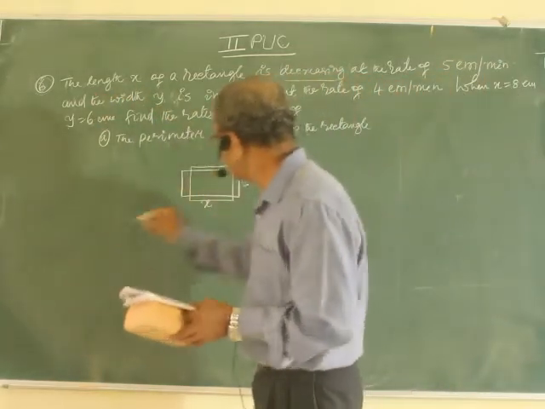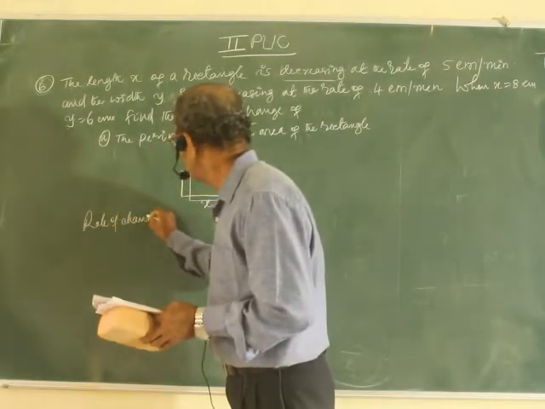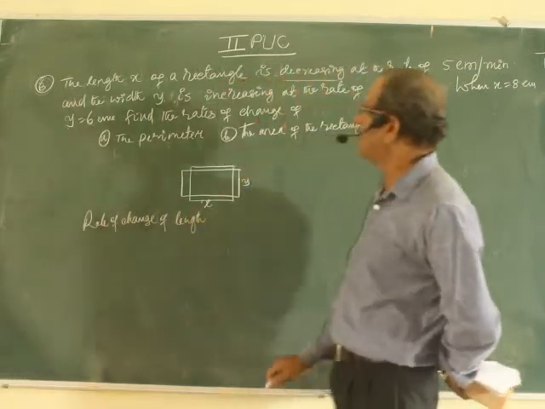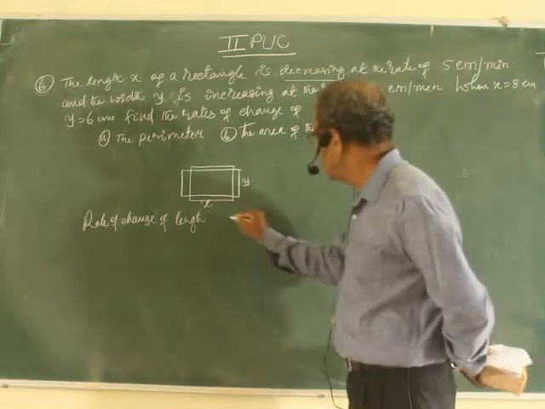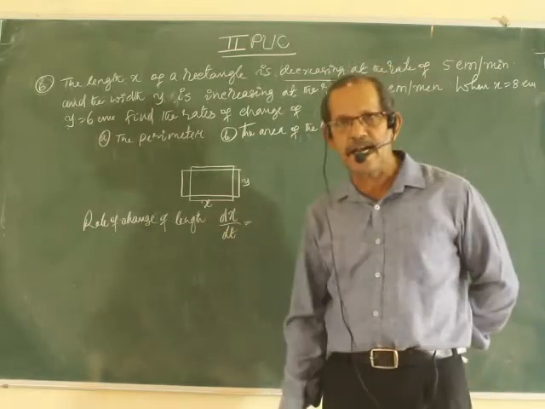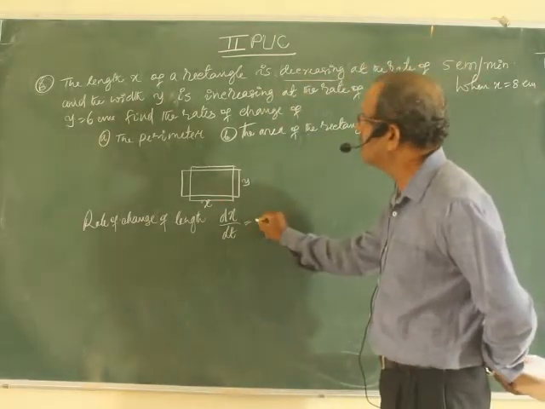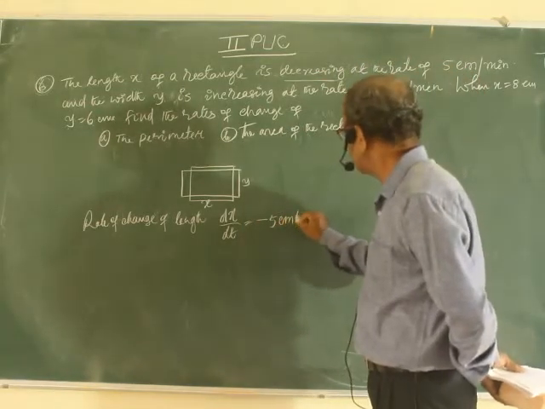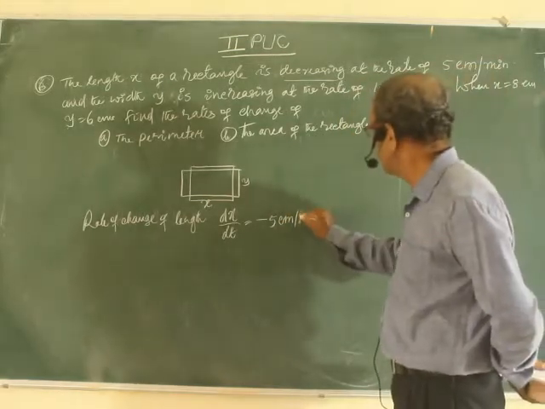Length decreasing. So, rate of change of length. Write one by one. What are the things given? Rate of change of length is, let me write dx by dt, because length is x I have taken. dx by dt, and it is decreasing. Remember, it is minus 5 centimeter per minute.